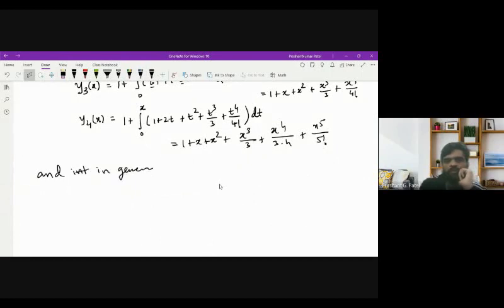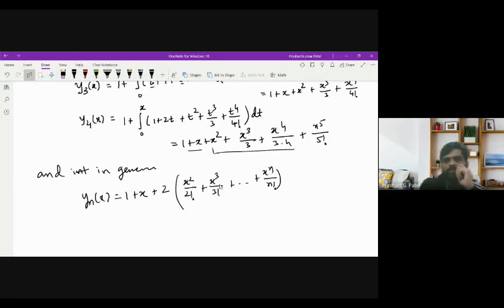In general, we will have a solution: y_n of x will be 1 + x + 2 times (x square by 2 factorial + x cube by 3 factorial + ... + x raised to n by n factorial), because you just multiply and divide by 2 in these terms.